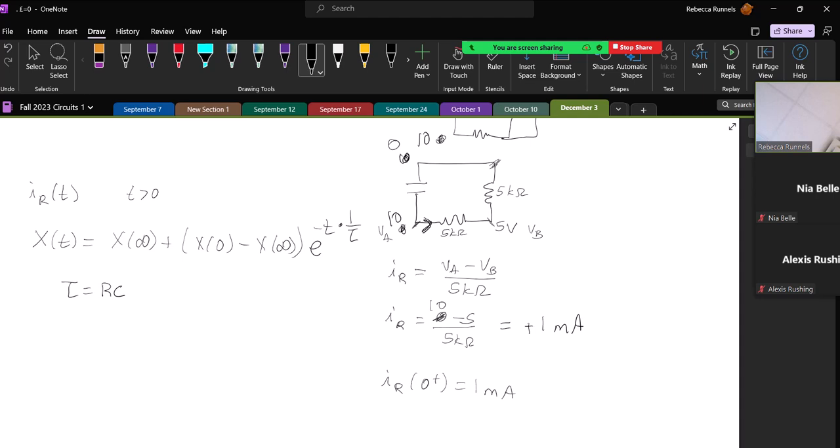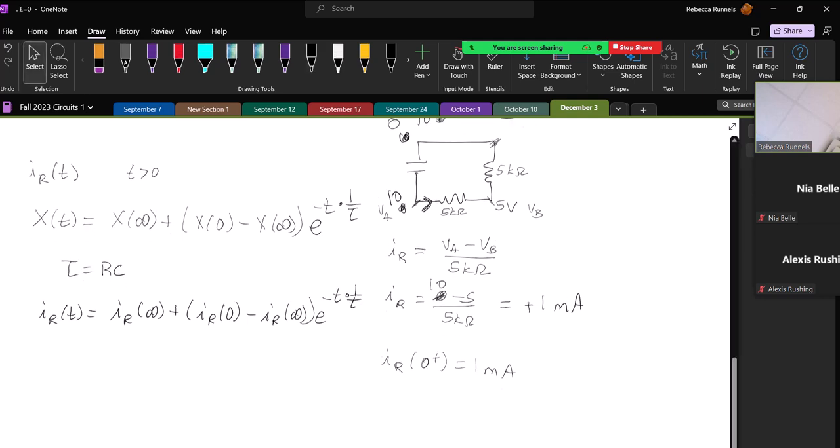So now the next thing, I'm going to find IR, so this is IR at t equals IR at infinity plus IR at 0 minus IR at infinity times e to the minus t times 1 over tau.